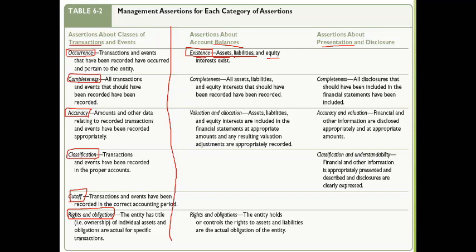I'm making sure that the balances recorded or reported in the books or in the financial statements exist and really happened. So here this is existence for balances. Okay, what about completeness?